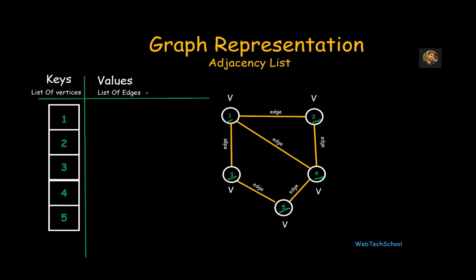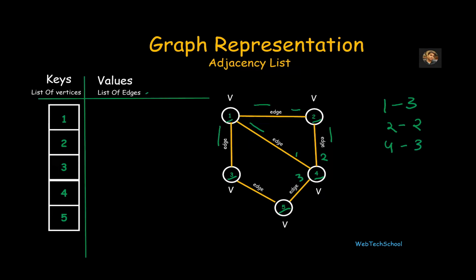For vertex 1, how many edges are present? For vertex 1, we have 3 edges. For vertex 2, we have 2 edges. Similarly, for vertex 4, we have 3 edges.